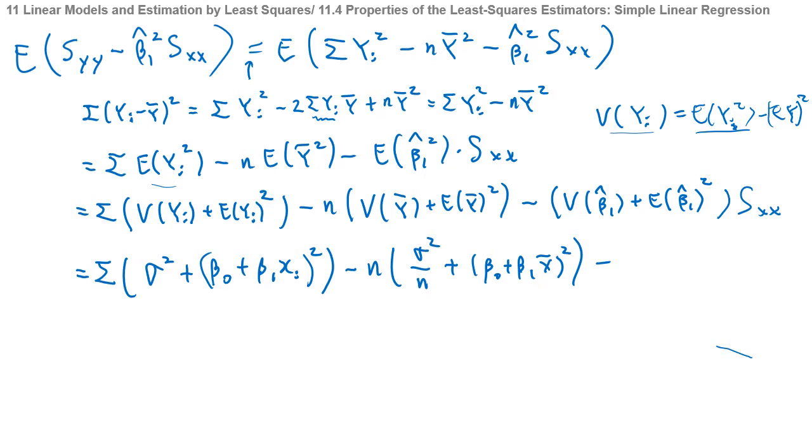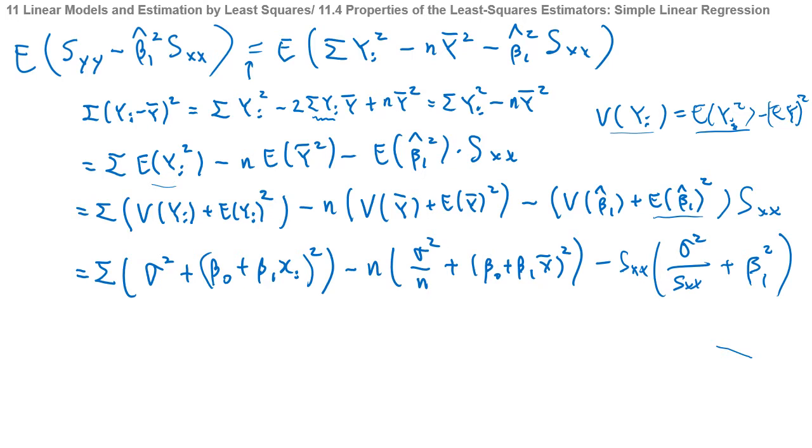sxx times the variance of beta 1 hat, which is sxx times sigma square over sxx from the previous calculation, and the expected value of beta 1 hat is beta 1. So beta 1 is the expected value of this thing, and this one squared.